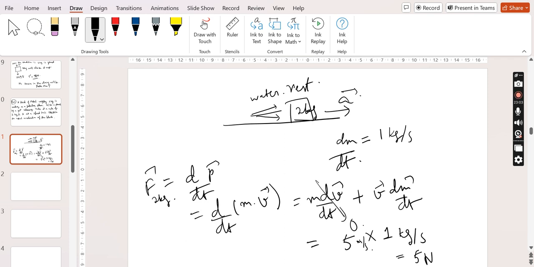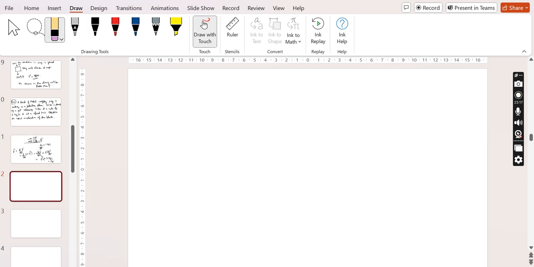Now, this thing is m into acceleration. Here we are talking about the 2 kg block.